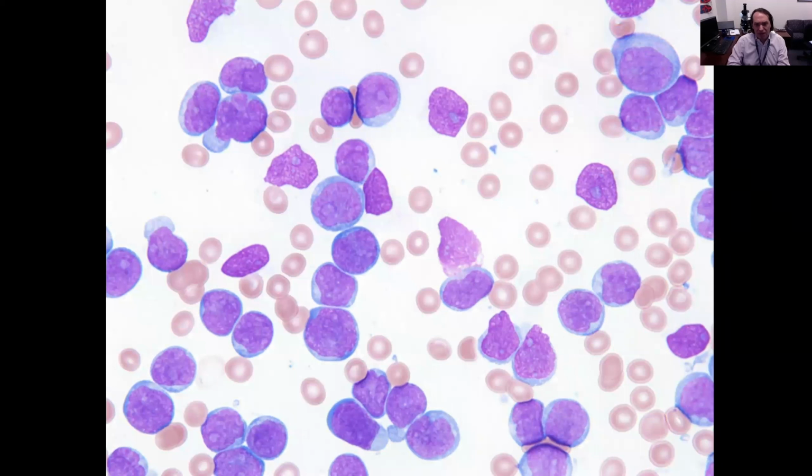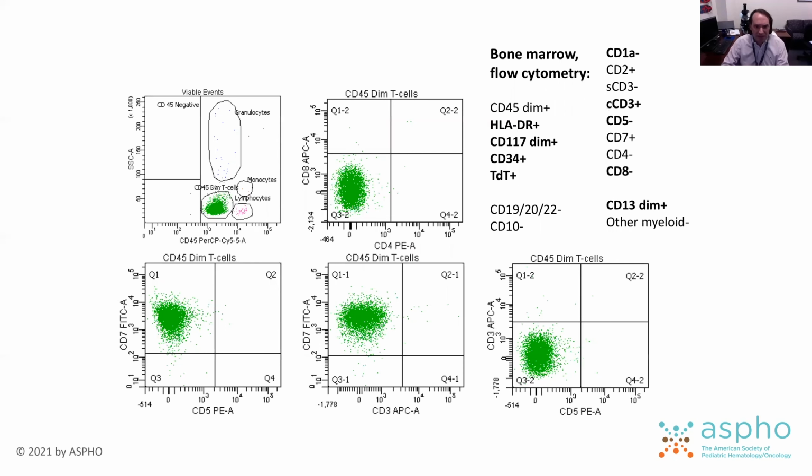Here's another case. This case is somewhat more difficult. These are larger blasts. They have ample basophilic cytoplasm, pretty fine chromatin, and large punched out nucleoli that make me think about AML. But in this case, we see a peculiar phenotype in which the cells express CD7 but are negative for CD5.